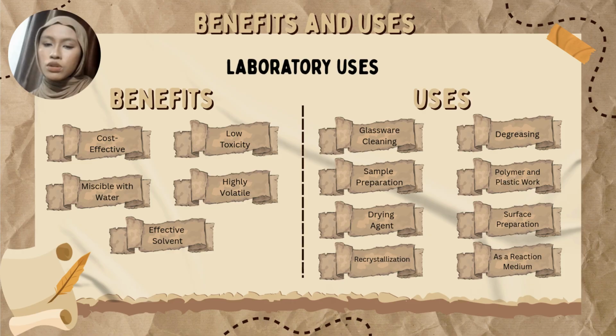Third, it is miscible with water. Acetone mixes easily with water and other solvents. Fourth, it is cost effective. Acetone is relatively inexpensive and widely available. Lastly, it has low toxicity compared to other solvents, which is safer to handle under proper ventilation.